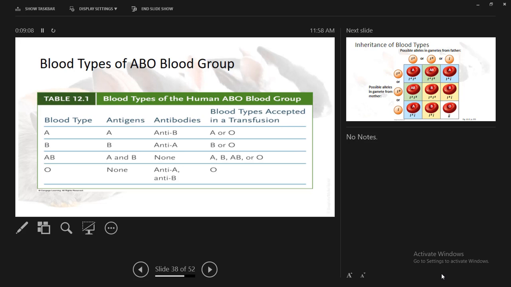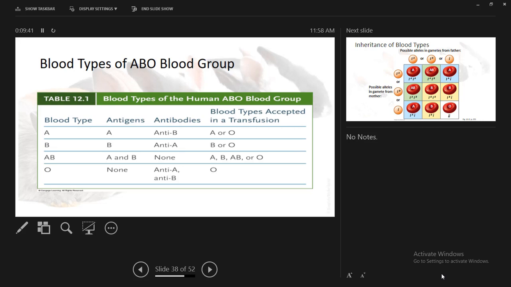We know that p + q = 1 is true for our allele frequencies. This is true for our genotype frequencies: p squared is the proportion of the population that is homozygous dominant. 2pq is the proportion of the population that is heterozygous. q squared is the proportion of the population that is homozygous recessive.